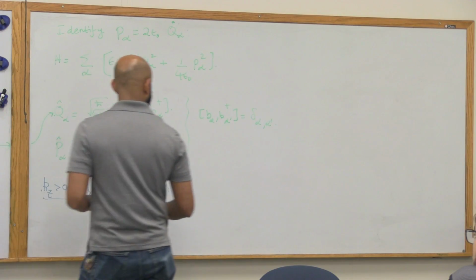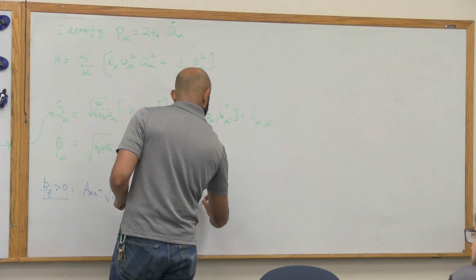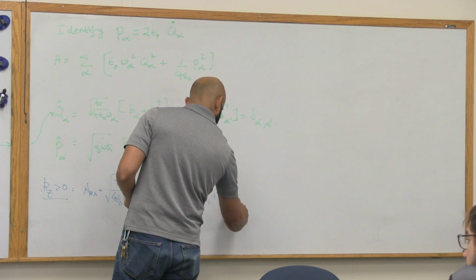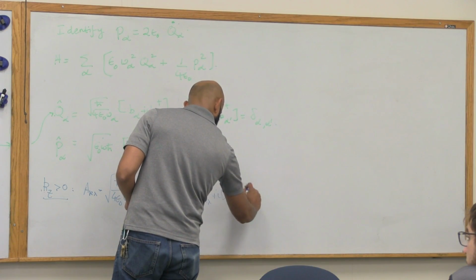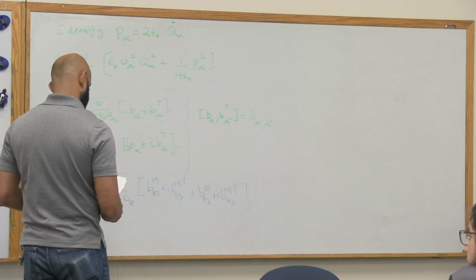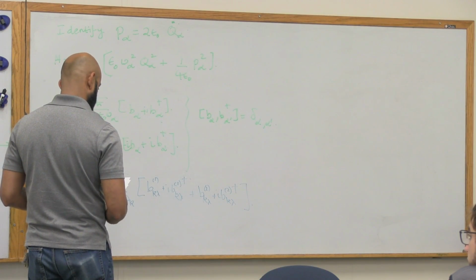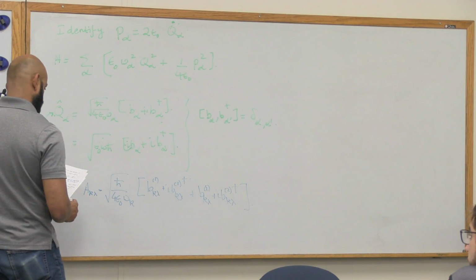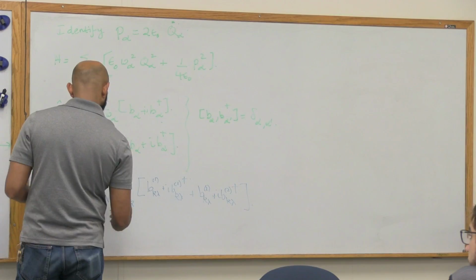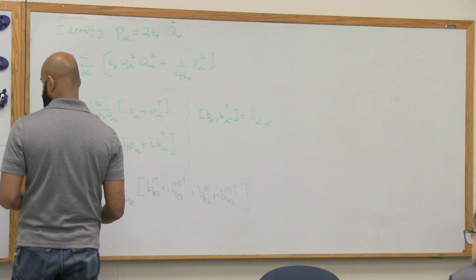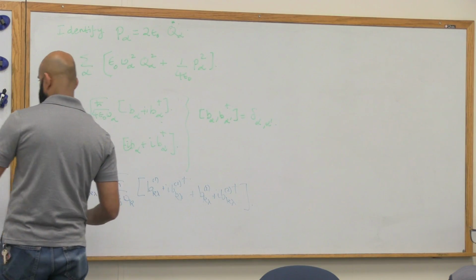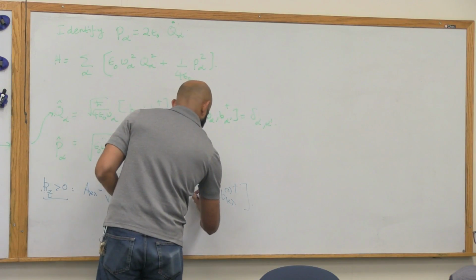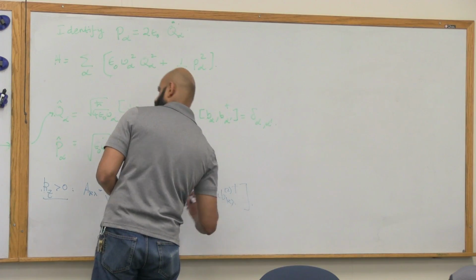Plus b_kλ2 plus b_kλ2 dagger. But there was an i in front of this. So there's an i here.